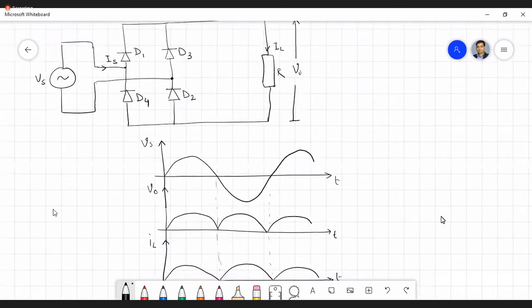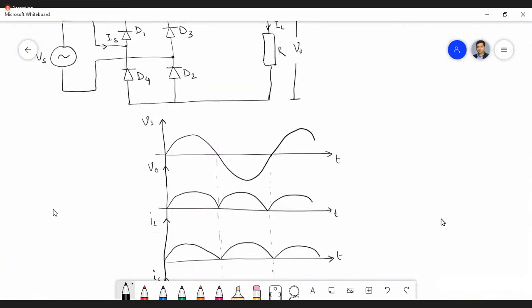But in most applications, we don't need this type of pulsating output current. We need a current which is ripple free DC. So we have lots of ripple in this voltage. So we need a ripple free voltage or a ripple free output current.